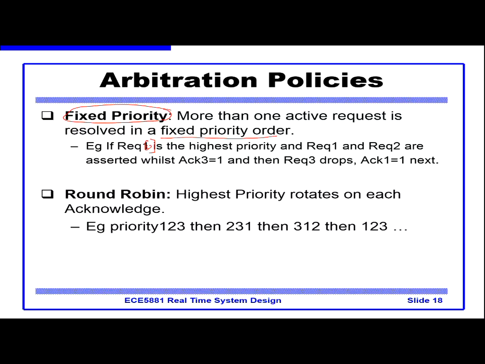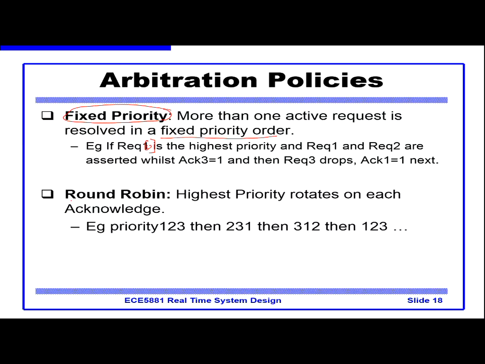So that's fixed priority, and the problem with fixed priority is that the highest priority request may ask for the resource quite often, and that locks out other requests from accessing that resource. So there's a problem with hogging of the resource if a high priority request is persistent about re-requesting it.